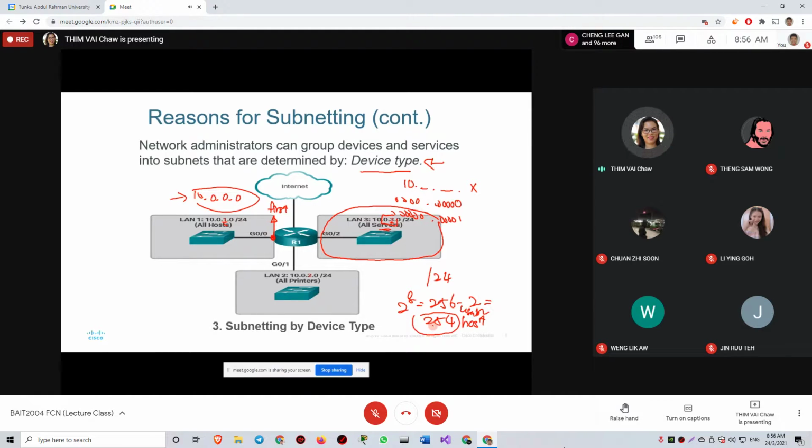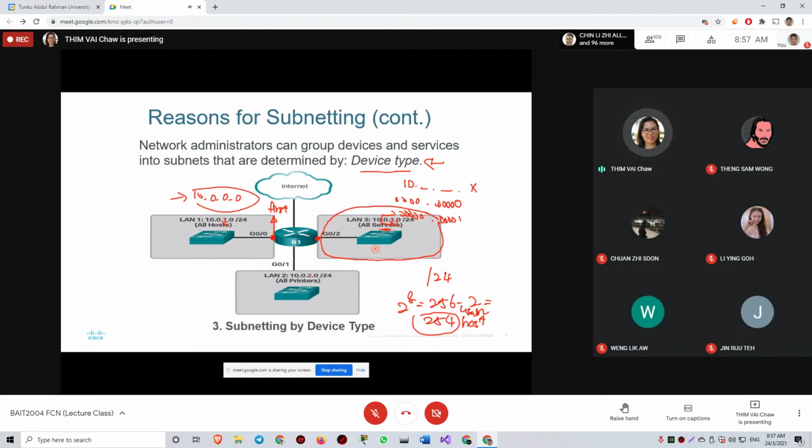Sometimes the organization will reserve the first 20 usable host addresses to configure the intermediate devices, the router interfaces, the switches, and so on.